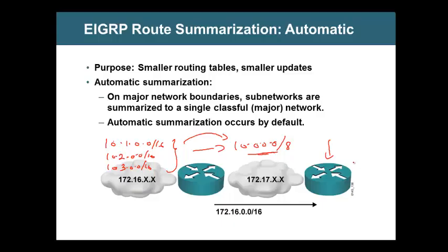Just one route it needs to write into the routing table, not three routes. I just wrote three routes. In the real world it may be 300 subnets. Who knows, it may be 1000 subnets. So summarization is good.